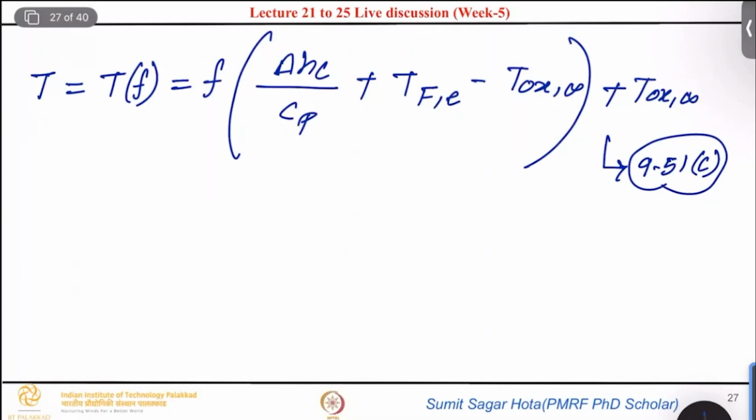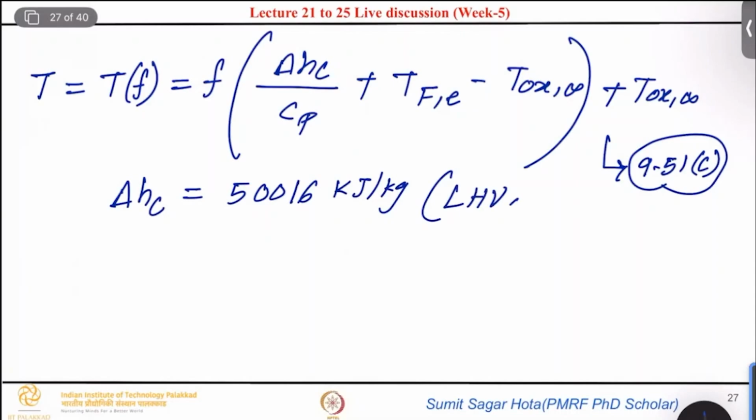Now what is delta HC? Delta HC is the heat of combustion. For methane we can take either the lower heating value or the higher heating value, but here we take the lower heating value of methane from appendix B. Why have we taken it?